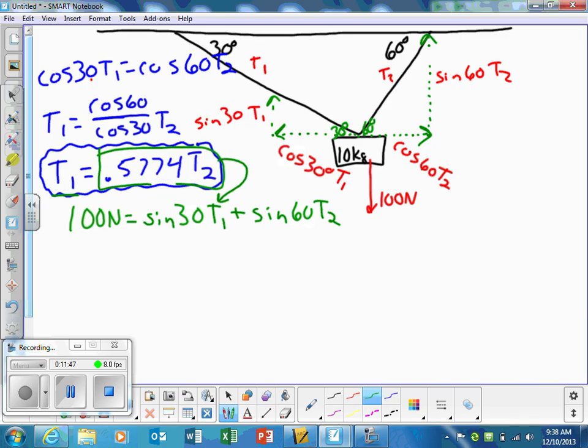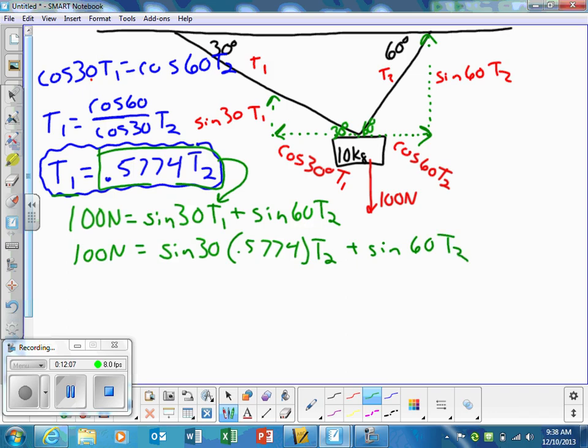Okay, so you did this in chemistry and stuff too already, right? So then 100 newtons equals the sine of 30 times 0.5774 T2 plus the sine of 60 T2. Now, at this point, I turn everything into decimals.